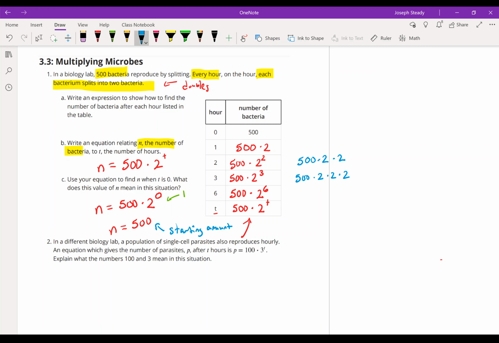And we're going to notice that there is actually kind of a pattern here, where this 500, this number at the beginning, is going to be our starting amount.